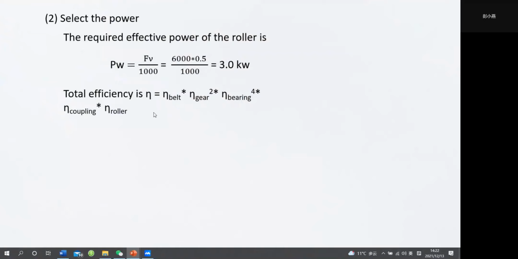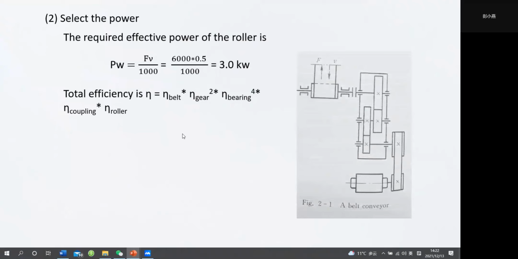This is for the total efficiency, and then we need to determine the efficiency. Can you say it again? The belt, gear, bearing, and coupling.